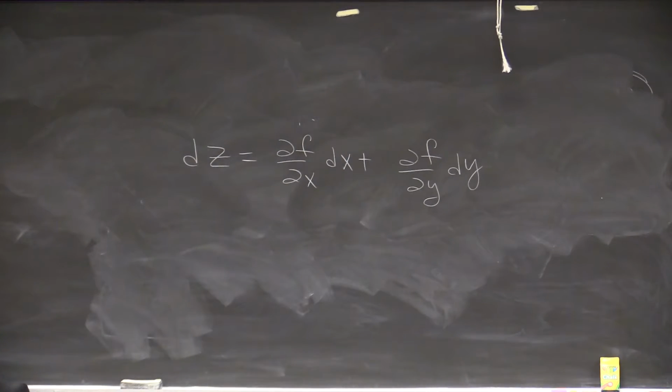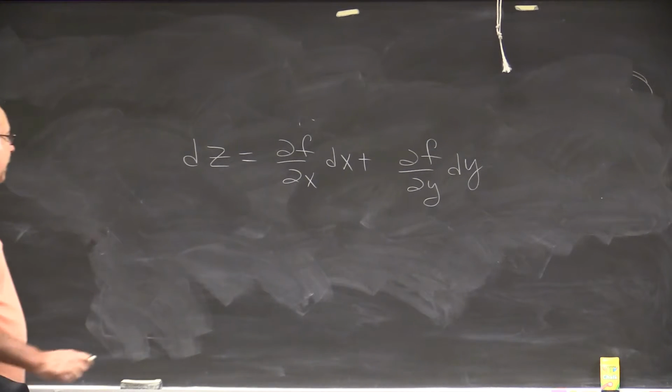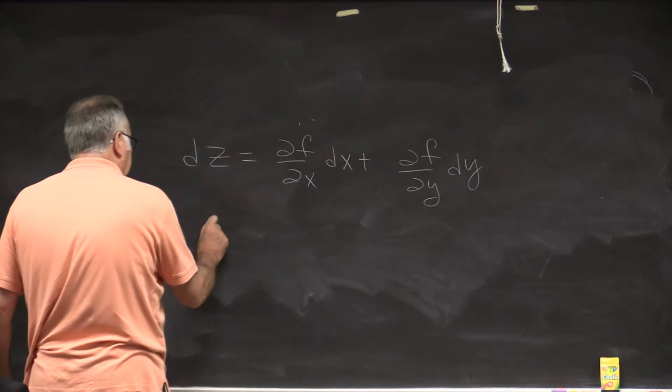Now, in this case, the ultimate source of disturbance is x, and we want dz/dx. So just take this total differential, divide both sides by dx. And then what you get is this.